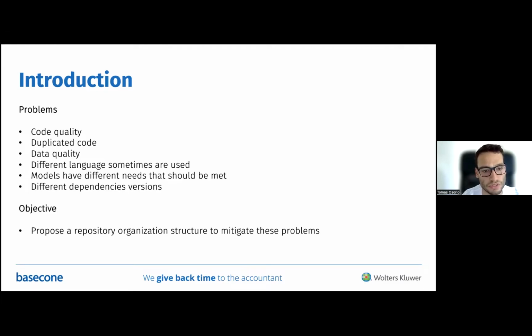Also, sometimes different languages are used for research and for production. Another side effect is different dependencies, because the POC can use some dependencies, and then when it goes to production, it uses others, and that could cause some model drift. The data quality could also be an issue, because the data used to train the model could be different from production, and we try to mitigate that in some way.